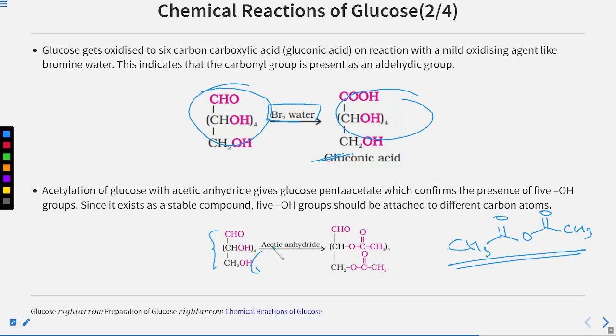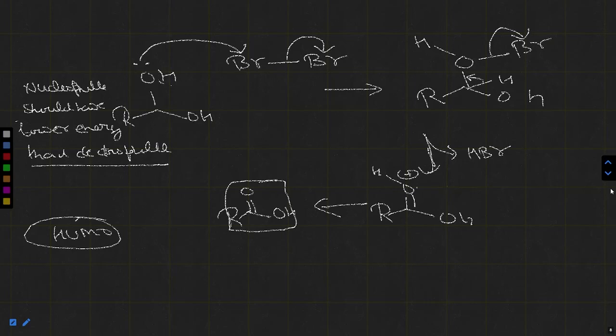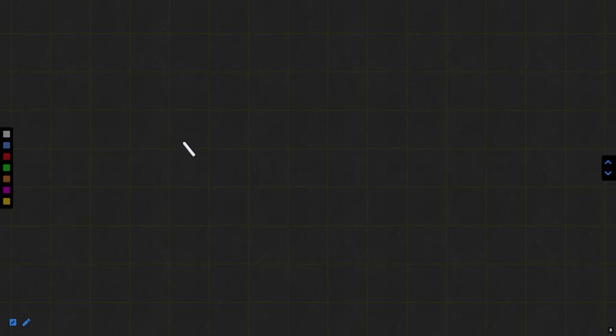So when you react your glucose with acetic anhydride, you will see that each of the OH groups has been replaced by these acetyl groups, CH3CO. Now how would this reaction have gone? Let us consider only one unit. We are just taking one unit.